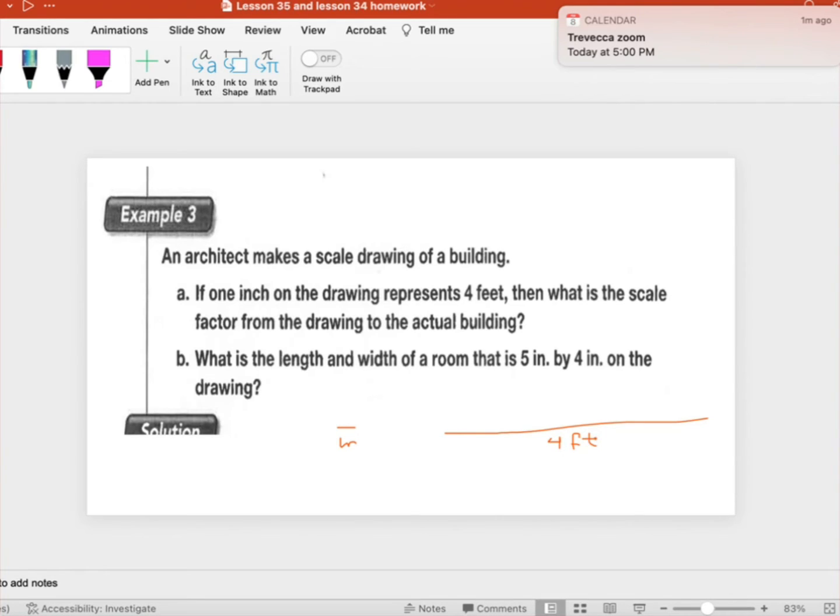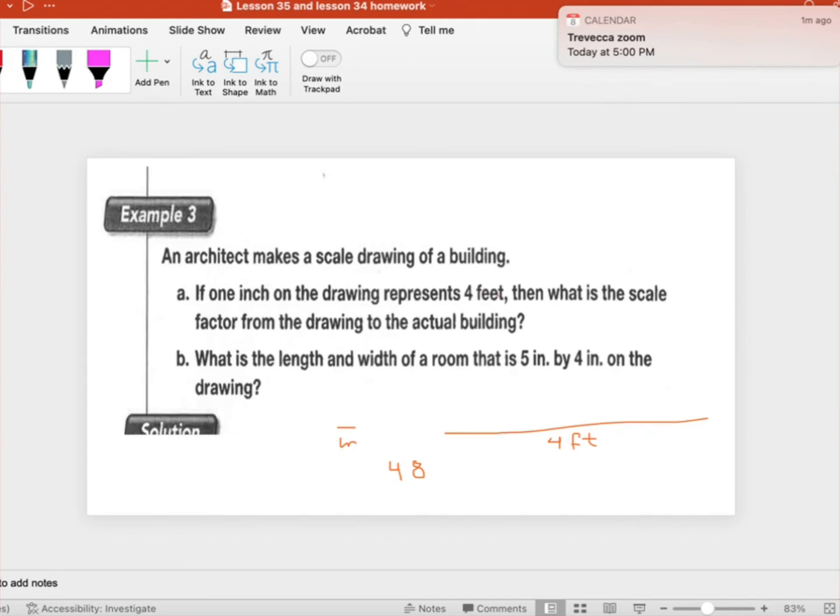If we're just going to keep it inches and feet, that's fine. We multiply by 4 and change it from inches to feet. But that's really a scale factor. Remember, there are 12 inches in a foot, so we're really multiplying by a scale factor of 48 to get from here to here. But it's fine if you just say every inch is 4 feet.